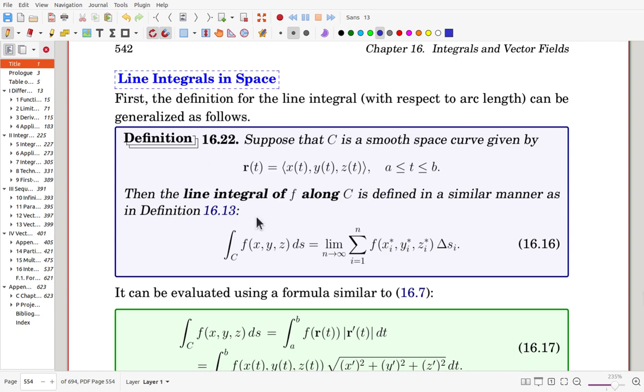Then the line integral of f along C is defined in a similar manner as earlier. So we have here the integral over C of f of x, y, z, and arc length segment ds as the limit of a Riemann sum for a given partition.